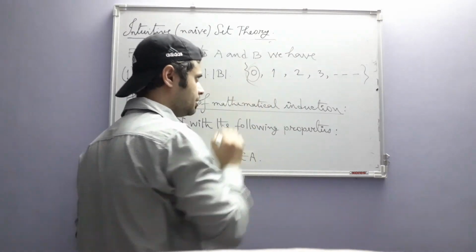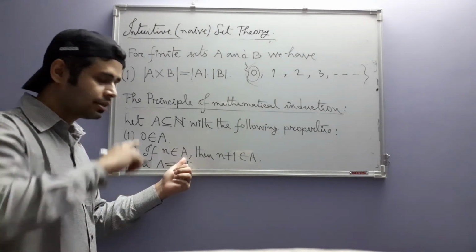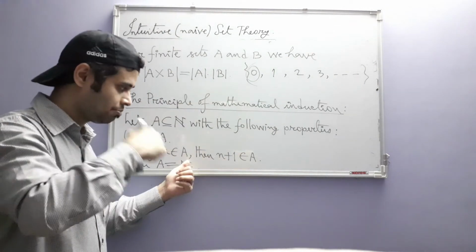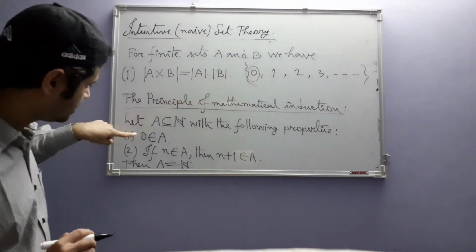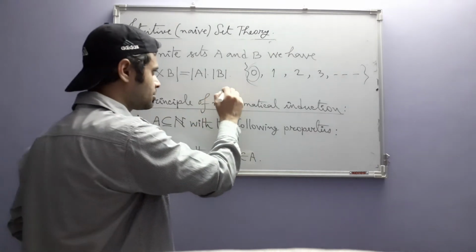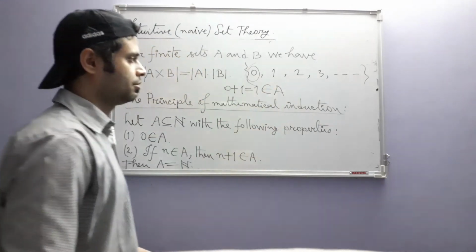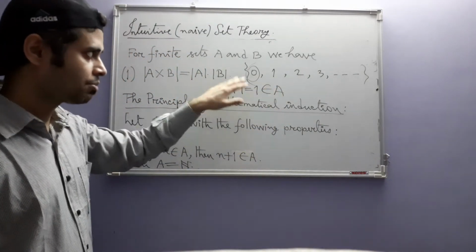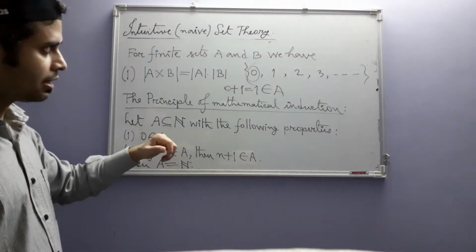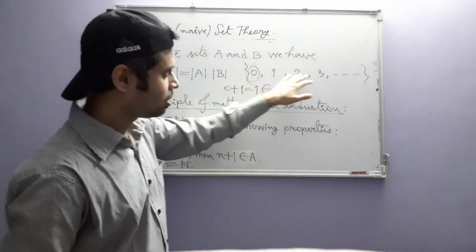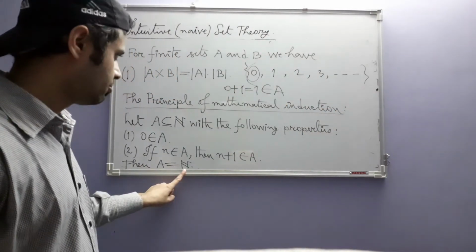A contains 0, and whenever there is an element in A, its next element n plus 1 is also in A. For example, since 0 is in A, so 0 plus 1 equal to 1 is also in A. Since 1 is in A, 1 plus 1 equal to 2 is also in A. Like that, you can see roughly that all the elements will eventually be in A. That's why A is equal to N.